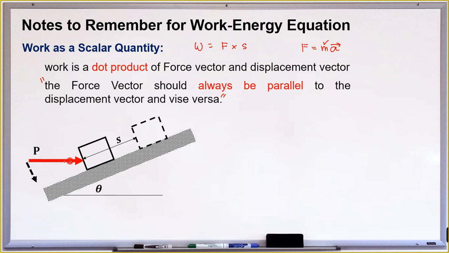It makes an angle. So that is why we need to resolve this force P into its component normal to the inclined plane as shown, and parallel to the inclined plane by an angle theta. So the component of force P parallel to the inclined plane is equivalent to P cosine theta. With this, we have the component of force P which is already parallel to the displacement.